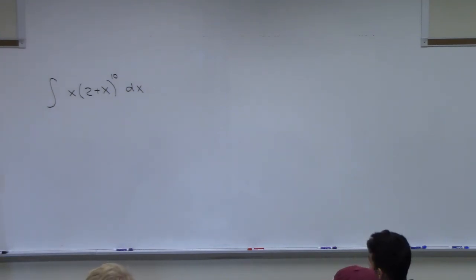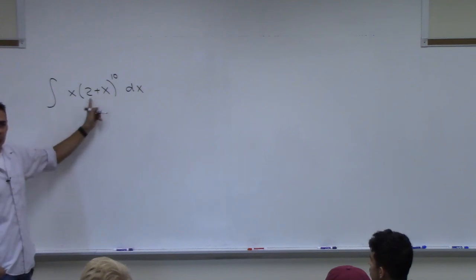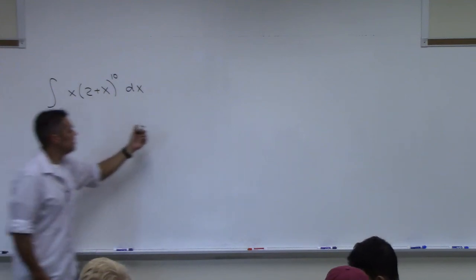All right, so we did one like this last class. If you look right now, there's no real clear indication of what your substitution should be. You could let u be x, right? But we said don't ever let u be x. But how about just this 2 plus x? Let's try that. Let's see what would happen.